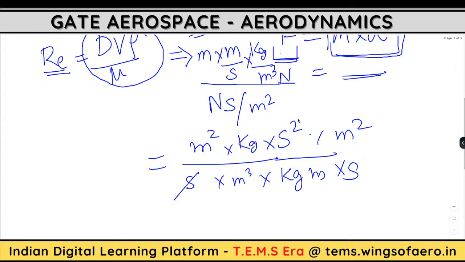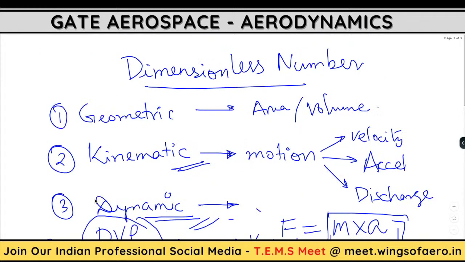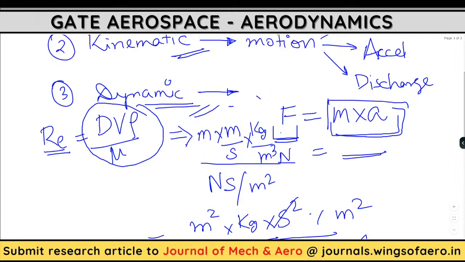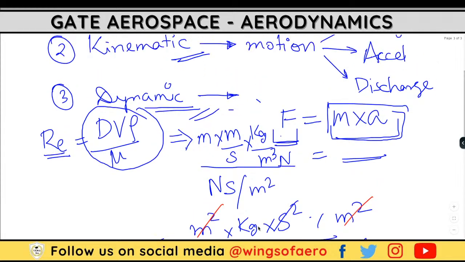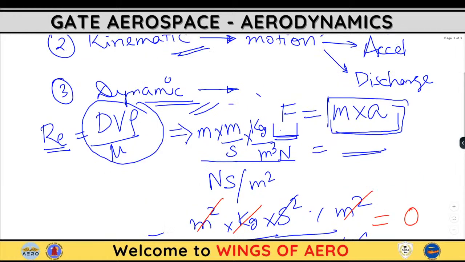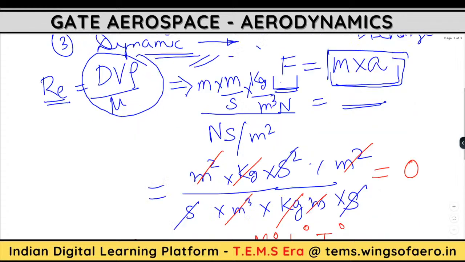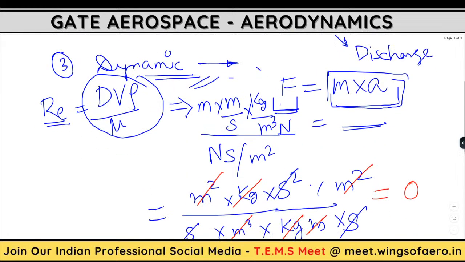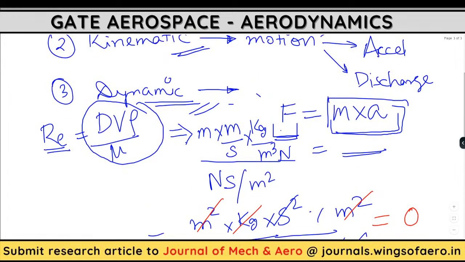Here we have second and second square, so second gets cancelled. Next, meter square and meter square get cancelled. Here we have kg and kg. So we are getting 0. That means it is equal to M0 L0 T0, and here also we have M0 L0 T0. So this is called homogeneous.